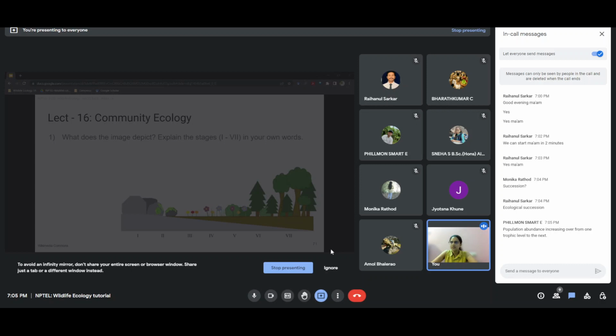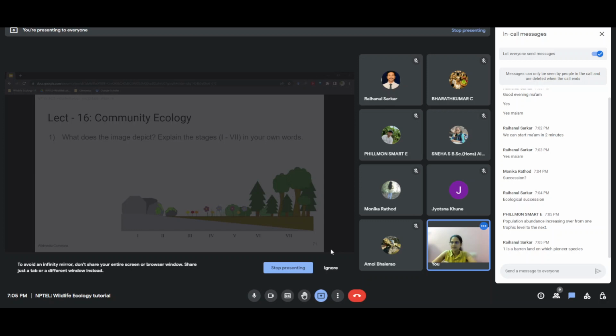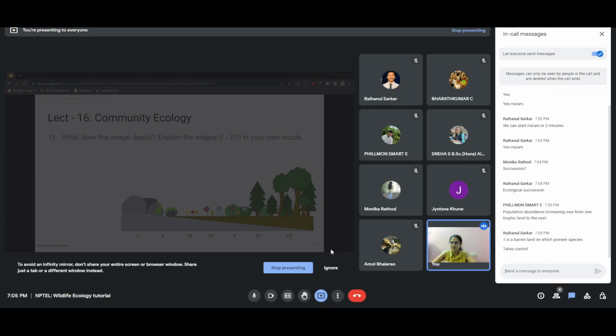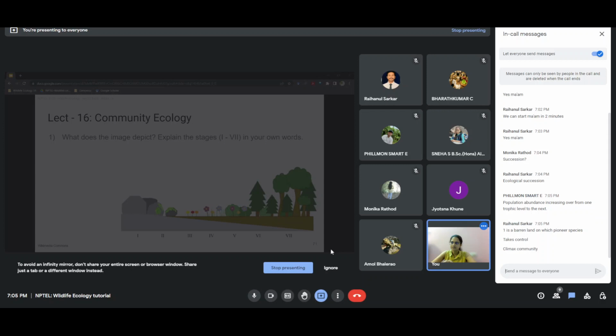Population abundance increasing from one trophic level to another. Would somebody like to? Yeah, correct. One is barren land on which pioneer species take control. Okay, and then tell me what is the last stage. So you've got the first stage, right? Correct.